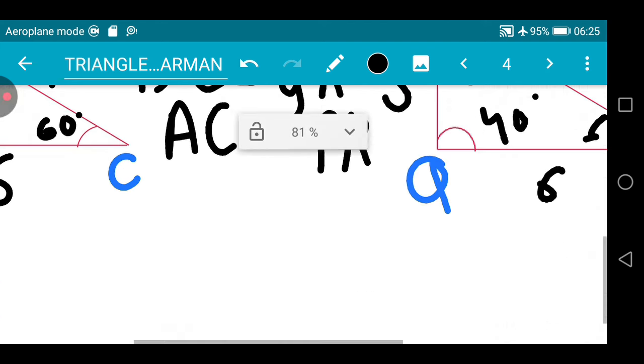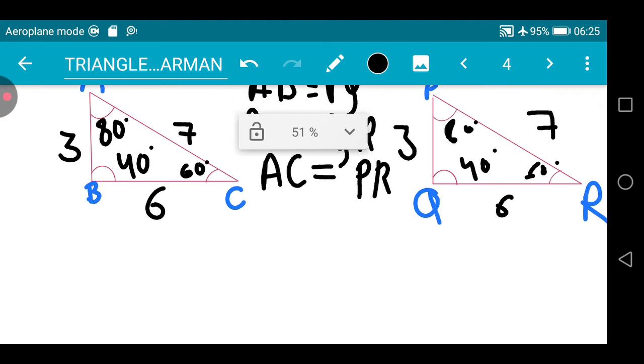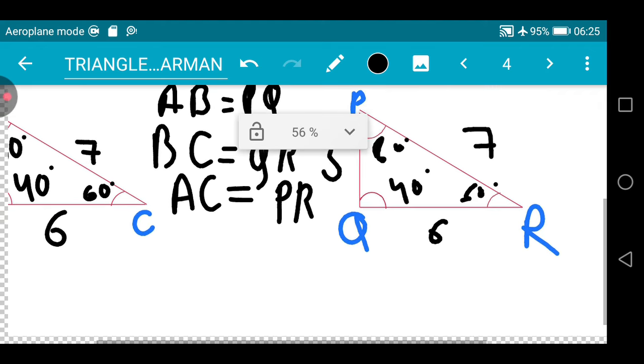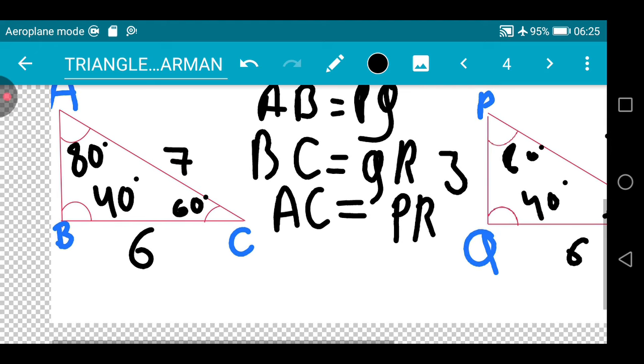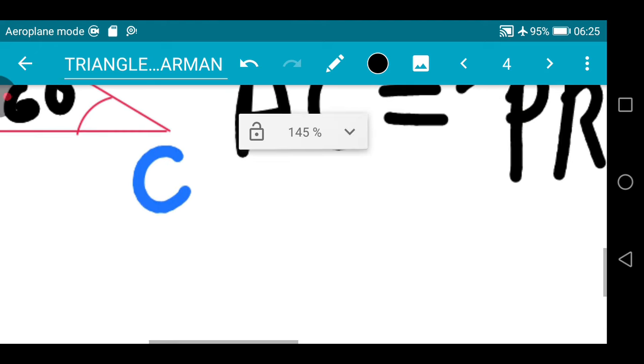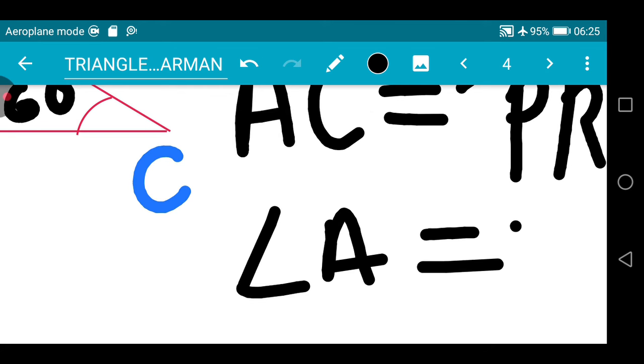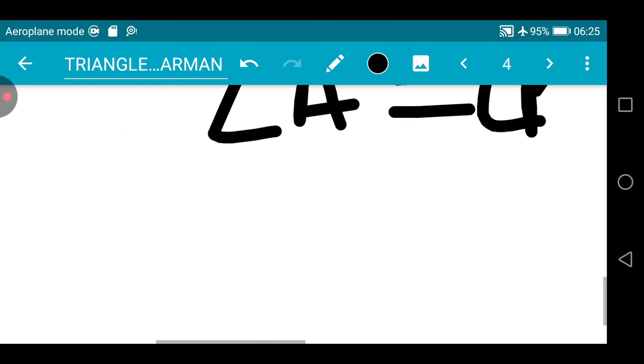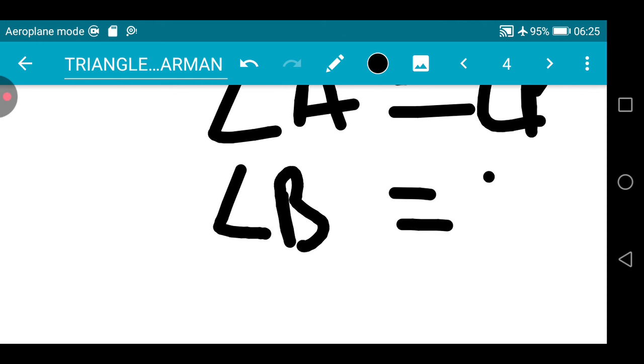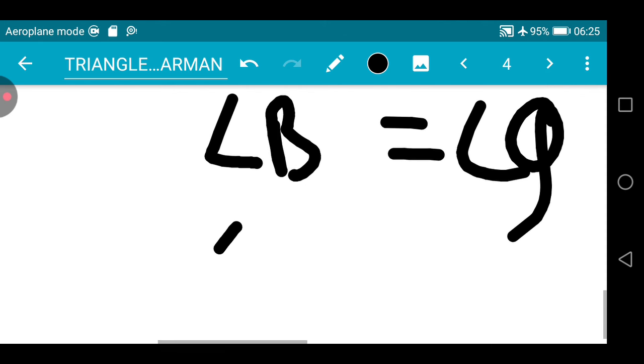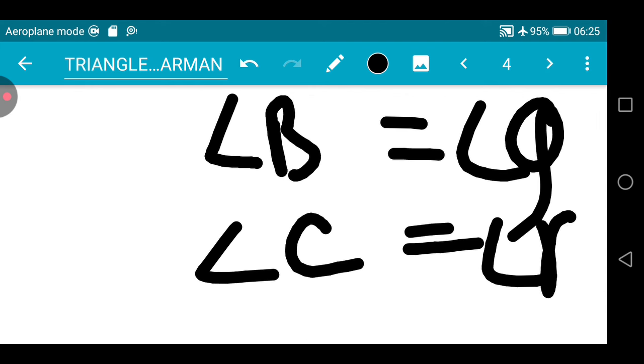Now the angles. Angle A equals angle P. Angle B is 40 degrees and angle Q is also 40 degrees, so angle B equals angle Q, and angle C will be equal to angle R. Simple.